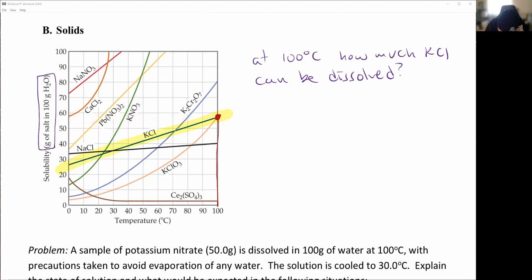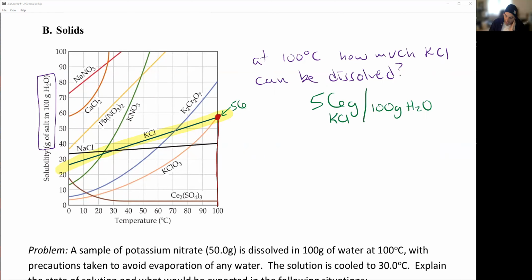About halfway up, maybe a little bit more, so let's say 56. So I'm going to say 56 grams per 100 grams of H2O. So 56 grams KCl per 100 grams of water. Okay, so we've moved up to see where we're at.